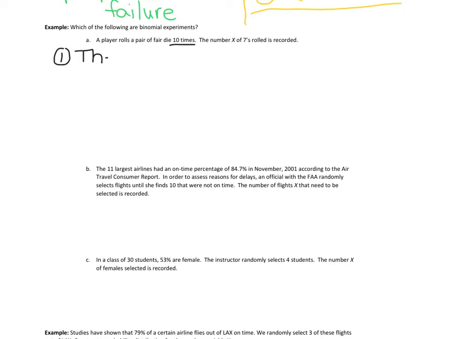So for number 1, we wouldn't write that the number of trials is fixed. We would say that the dice are rolled 10 times, because that's relative to the problem. I don't want you to just copy it off your note card. You have to relate it back to the experiment at hand.